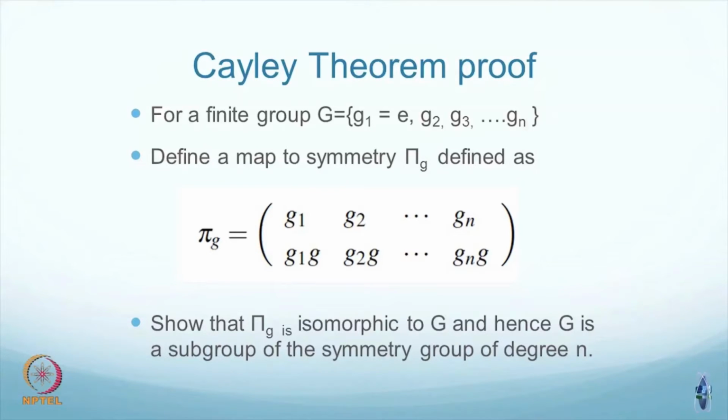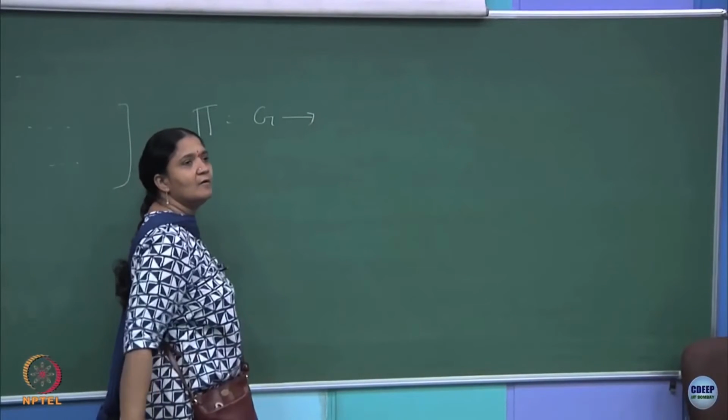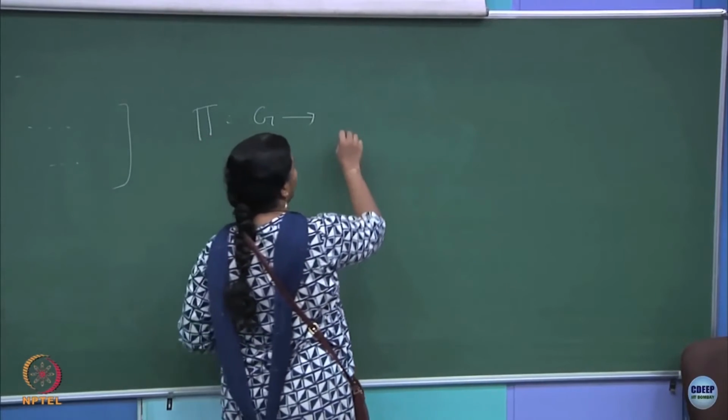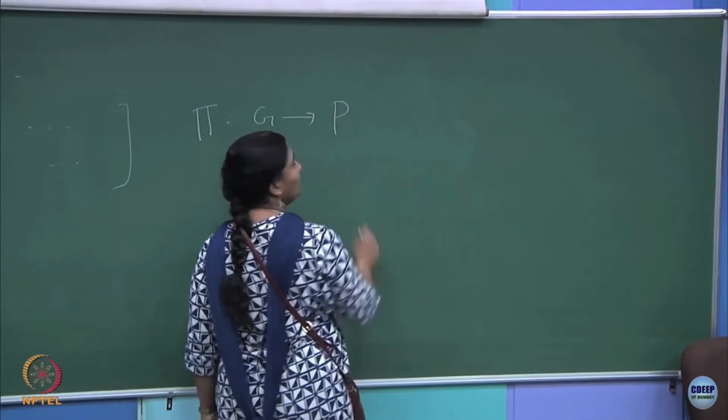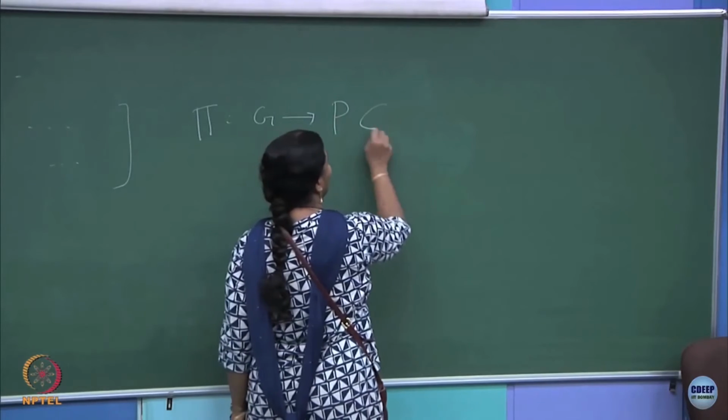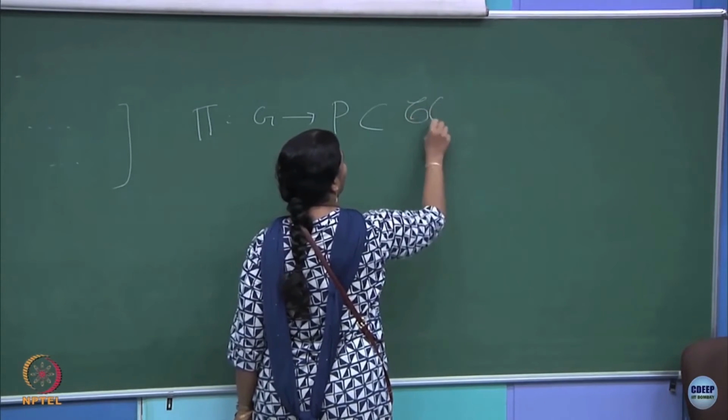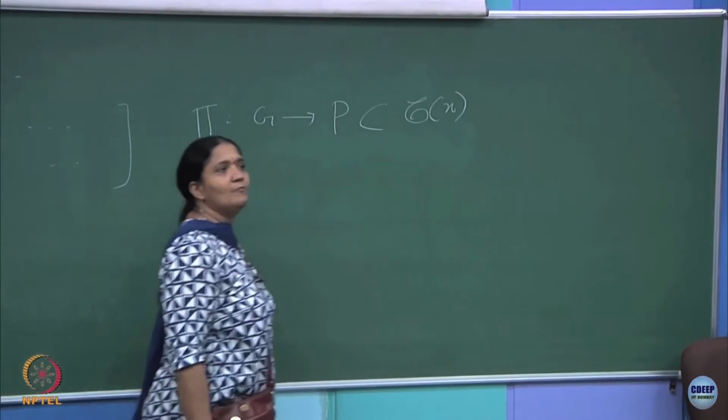So, what we will do is take these n elements to be the n objects in the permutation in the symmetric group, and we define a map pi which takes G to a permutation group, which is a subgroup of the symmetric group of degree n.